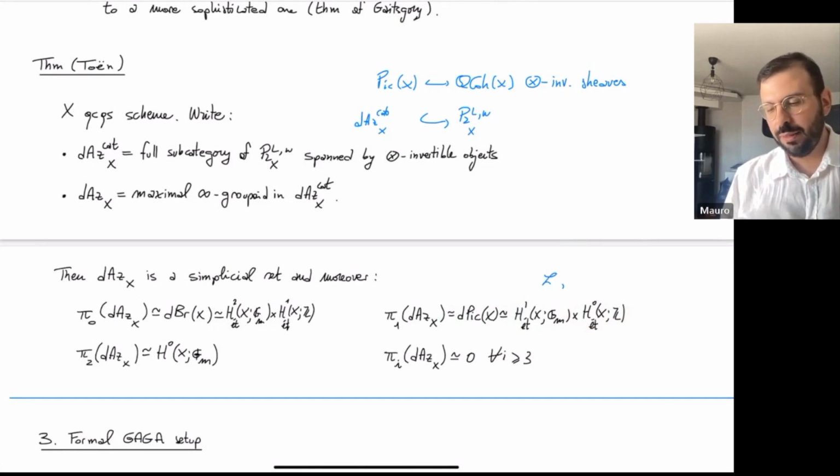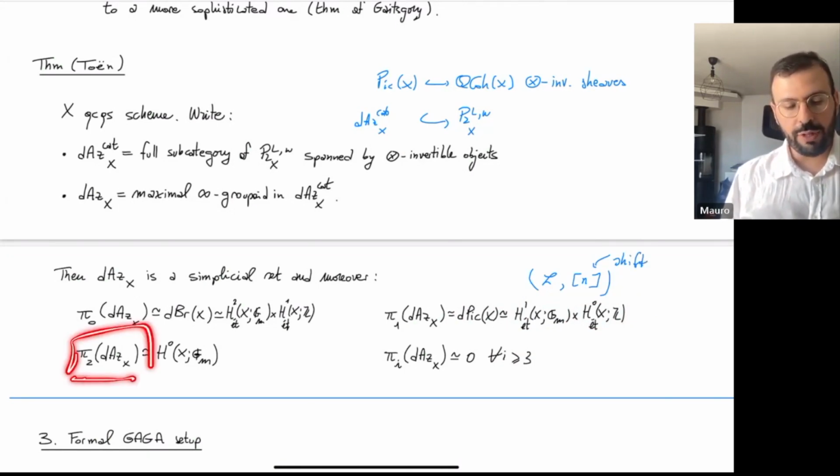So here there is a line bundle, and here there is the shift functor for the derived category. The pi_2 is just invertible functions, and there are no higher homotopy groups. So we only have pi_0, pi_1, and pi_2, and we get back exactly the table I wrote at the beginning.